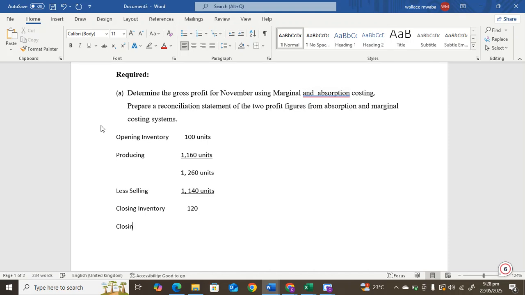Closing inventory equals opening inventory plus production minus units sold. Okay, so opening inventory plus units produced, then you subtract units sold. Any questions on this?